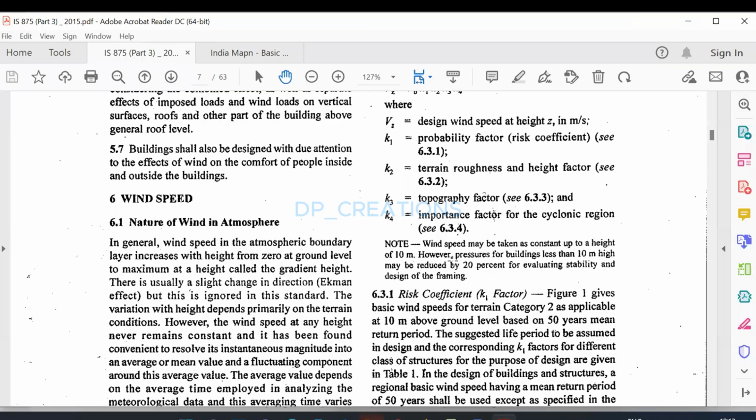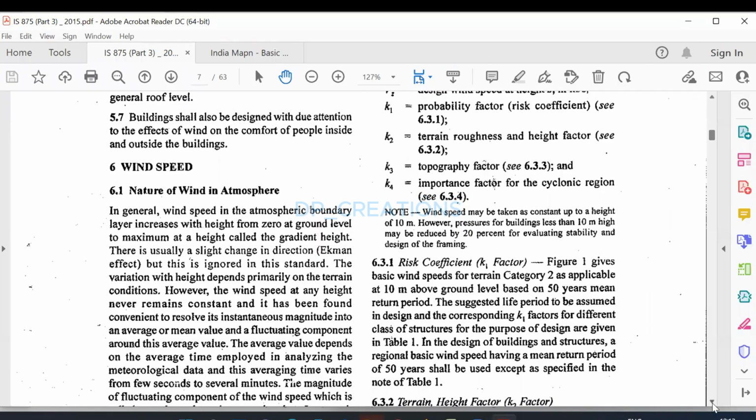Note, wind speed may be taken as constant up to a height of 10 meters. However, pressures on buildings less than 10 meter height may be reduced by 20% for evaluating stability and height of the framing. Now coming to your K1, the risk coefficient factor.